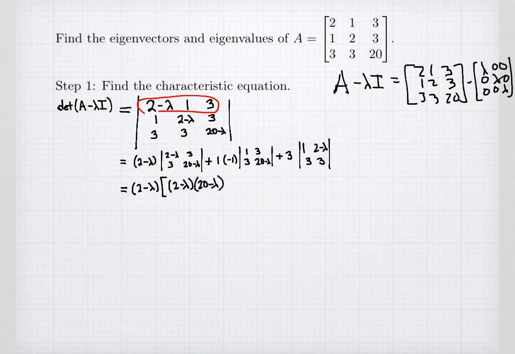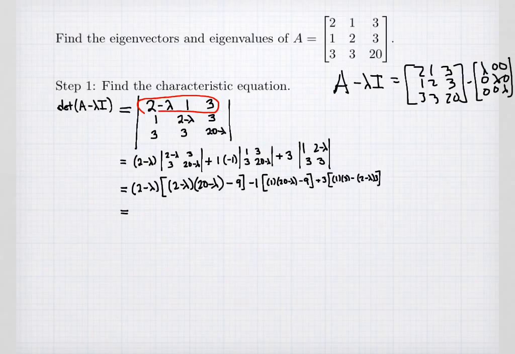Let me just finish all the work and I'll be right back. Alright, so I found the rest of the determinants. Here's the first 2 by 2 determinant, the second 2 by 2 determinant, and the third 2 by 2 determinant. Now what I need to do is expand all these terms and multiply it out. So for example, let's just get started here.